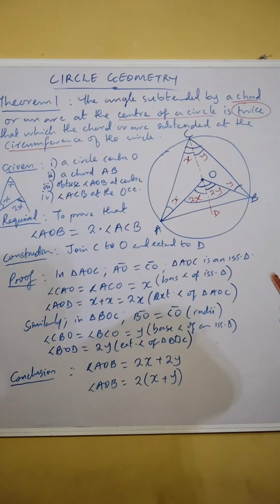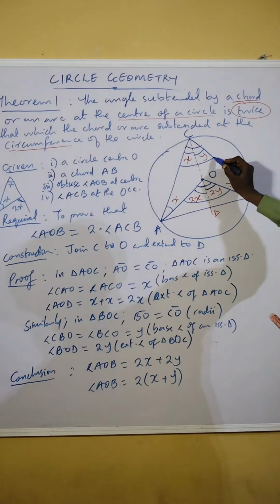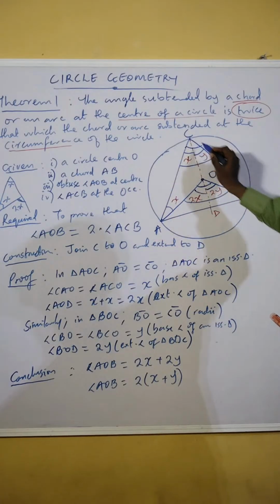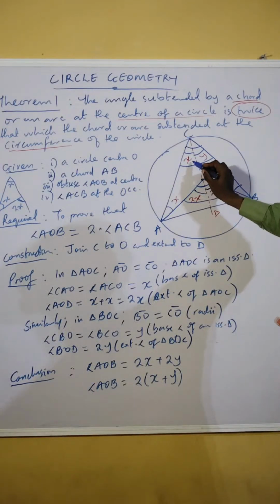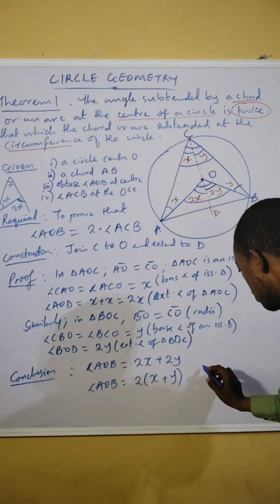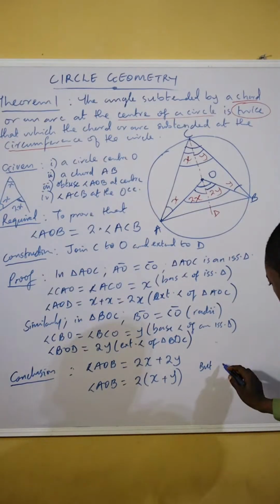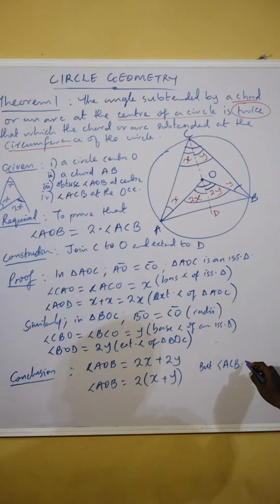Then let's look at the angle at circumference as well, which is this total angle here. That's angle ACB. It's also x plus y. So we can say angle ACB is equal to x plus y. So that's the angle at the circumference.